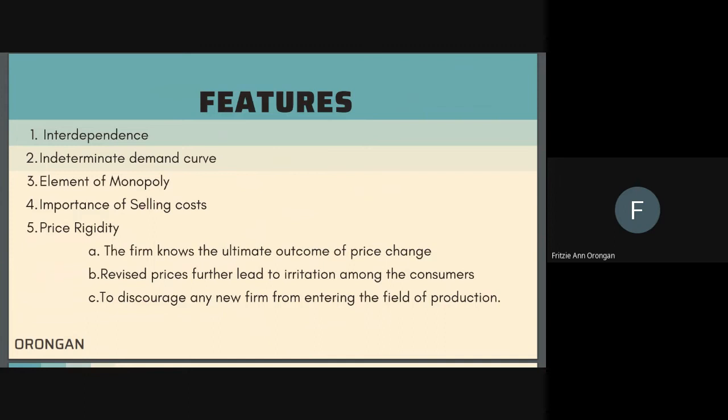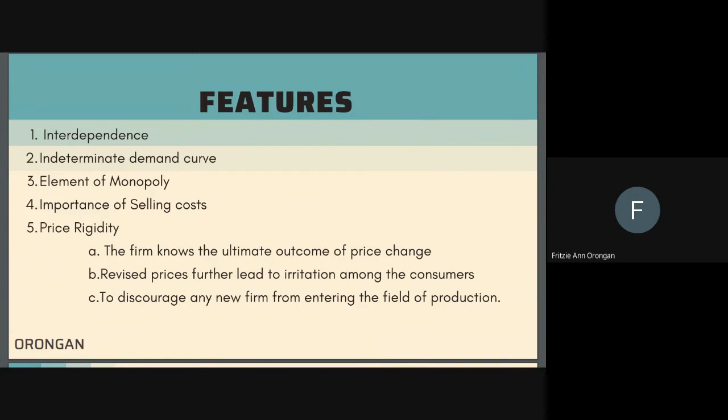No firm in oligopoly can forecast with a fair degree of certainty the nature and position of its demand curve. The demand curve is unknown due to different behavior patterns of organizations. Every organization keeps an eye on the actions of rivals and makes strategies accordingly. Therefore, the demand curve under oligopoly is never stable and shifts in response to the actions of rivals.